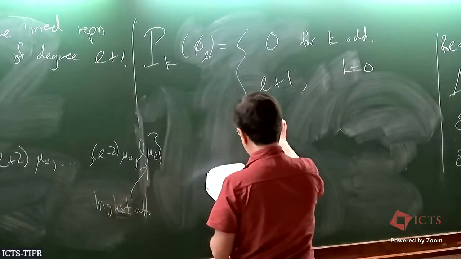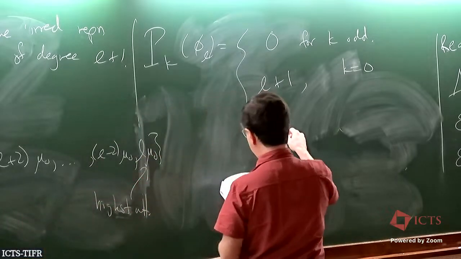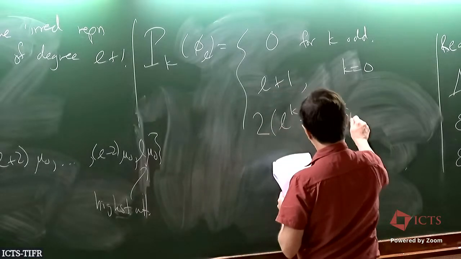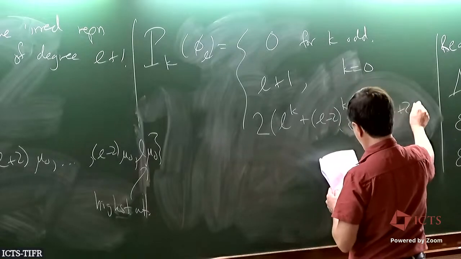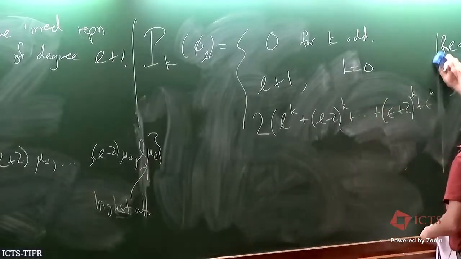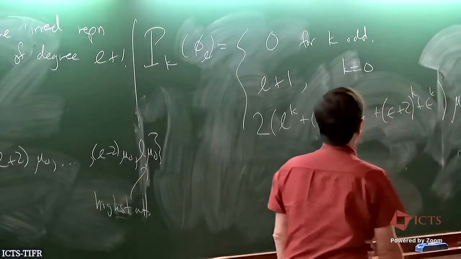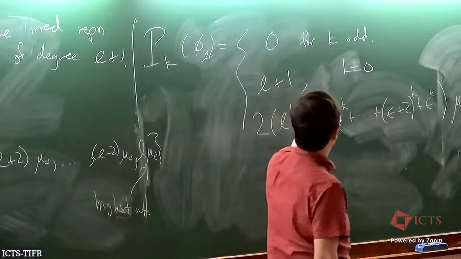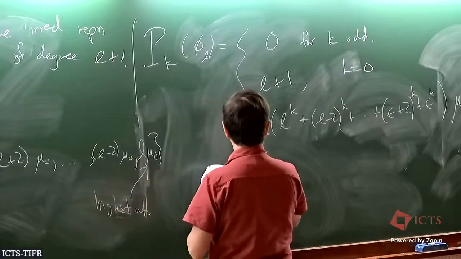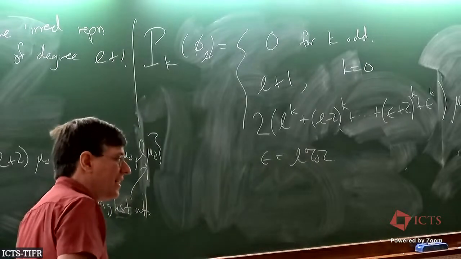Then the interesting case is when k is even and bigger than 0, and then its power sum is the sum of, maybe, the k. Let me tell you what epsilon is. Epsilon is just L mod 2, so it's 0 or 1 depending on whether L is even or odd.